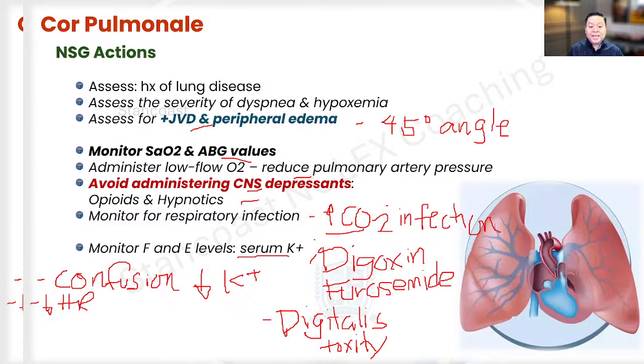And we don't want any of that as well, right? Another thing is the ANVD: anorexia, nausea, vomiting, and also diarrhea. ANVD, those are your signs of the digitalis toxicity.